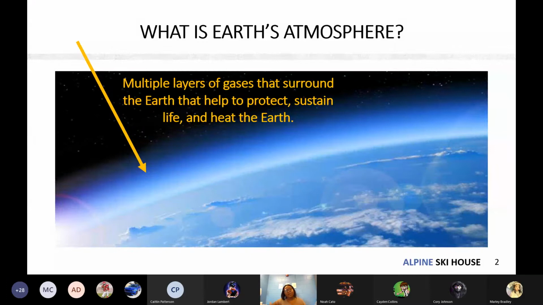Those gases around our Earth act kind of like a coat that, if you went outside this morning, you had to put on to be comfortable and safe. So the Earth's atmosphere is multiple layers of gases that surround the Earth, and they help the Earth to protect, sustain life, and heat.